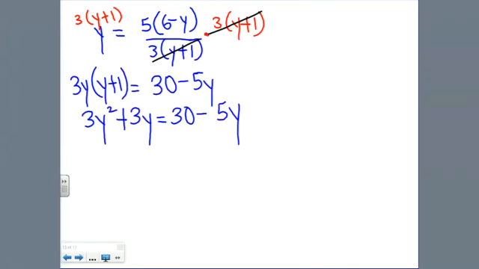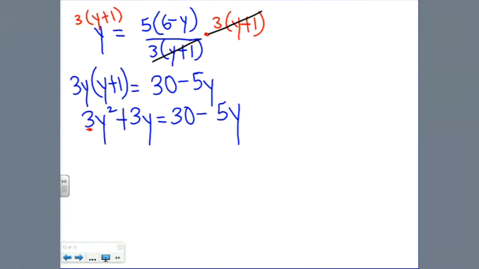Because we have the highest exponent 2, we have a quadratic equation forming. But we need all of our terms on one side and 0 on the other. Because our leading coefficient is positive on the left side, let's move everything to that side.